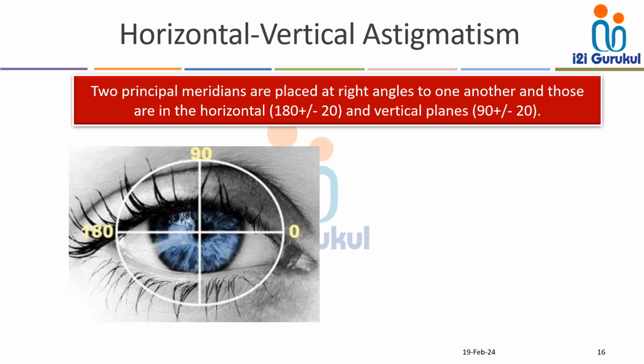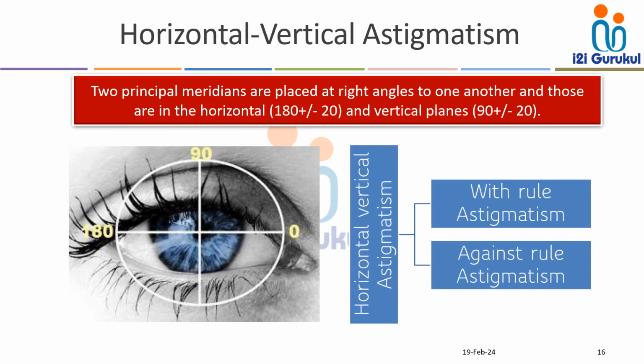In with-the-rule astigmatism, the eye has too much plus cylinder in the horizontal axis relative to the vertical axis. That is, the eye is too steep along the vertical meridian relative to the horizontal meridian.